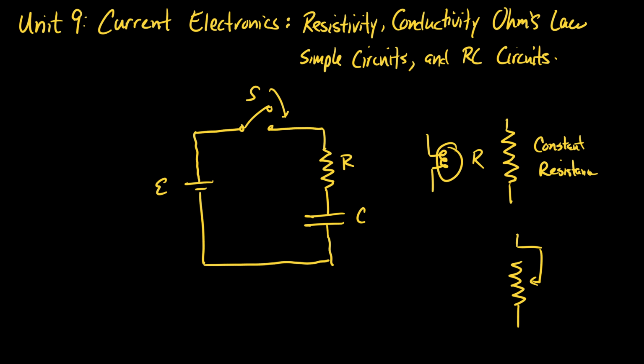When we close the switch, immediately upon the switch being closed, there's an electric field everywhere in the wire. Please hear this, and please write these little things down. Immediately when the switch is closed, there will be an electric field everywhere in the wire.